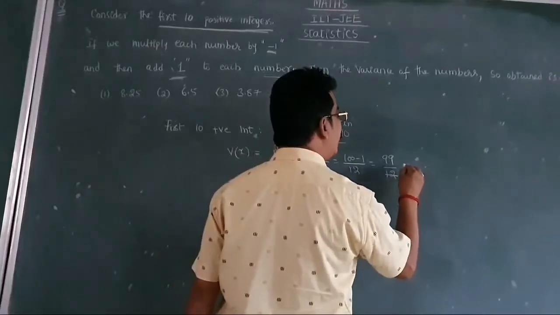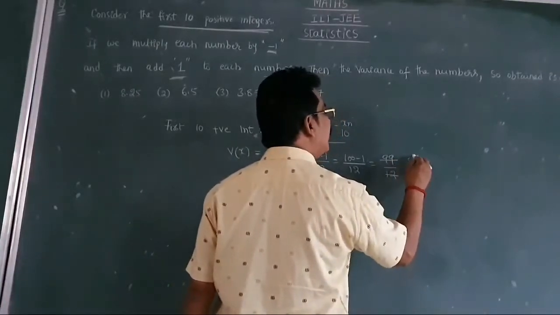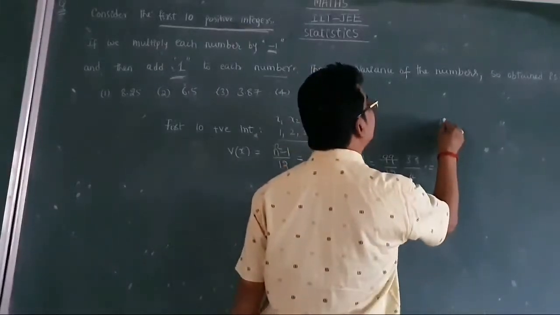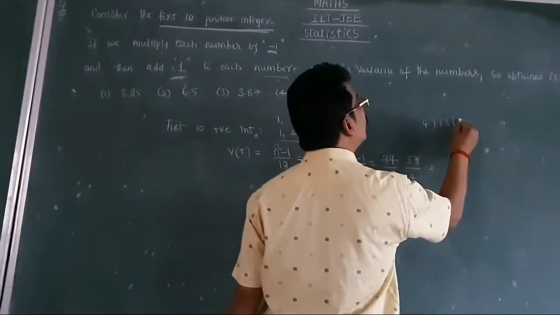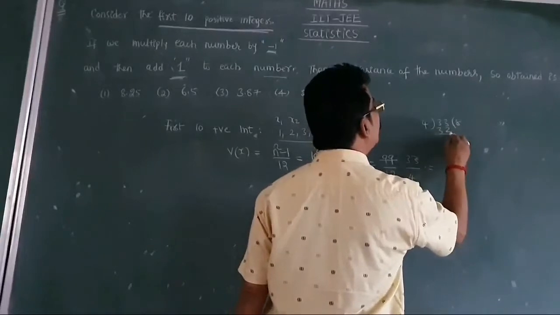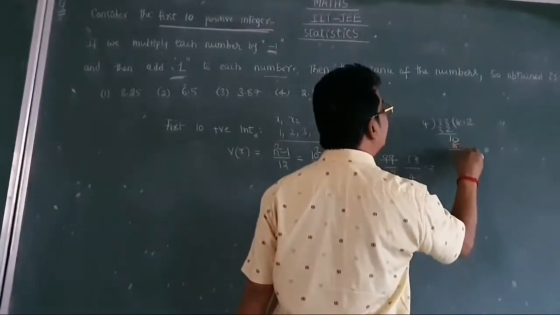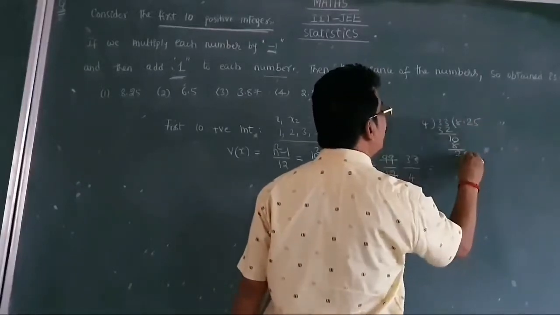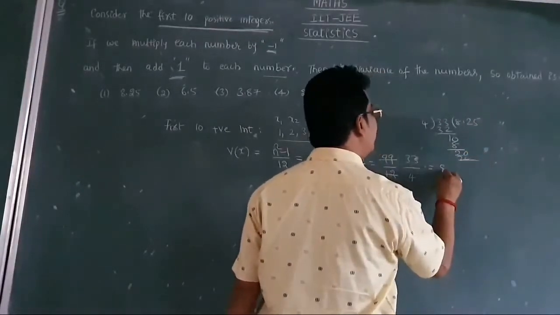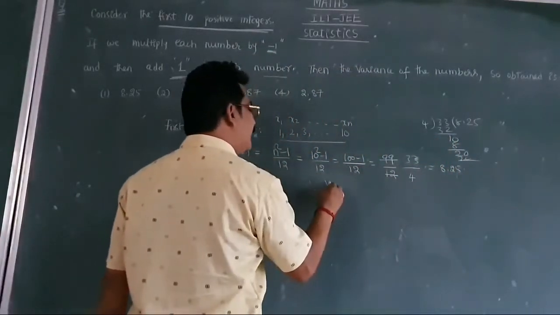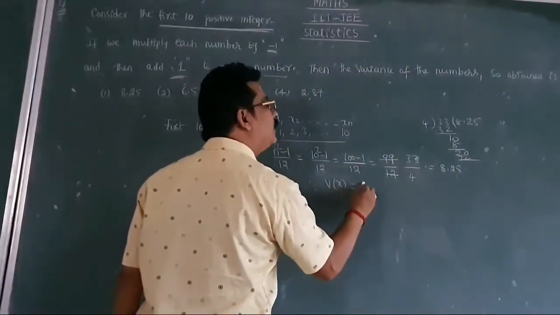Dividing by 3, that is equal to 33 divided by 4, which is 8.25.